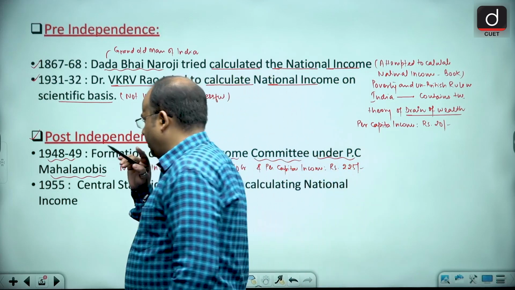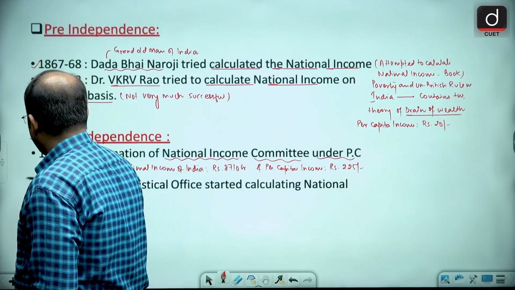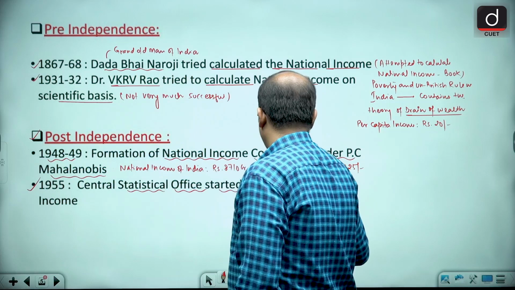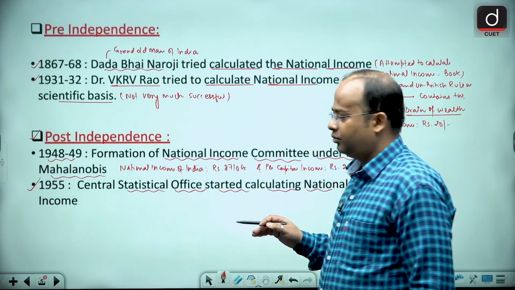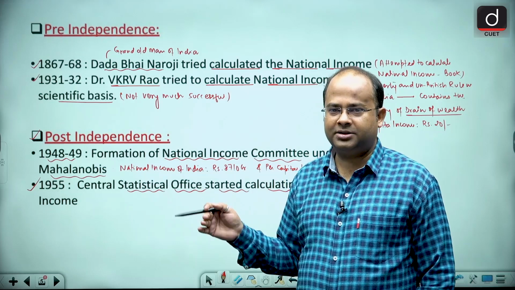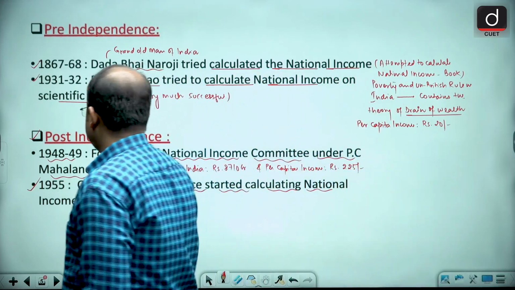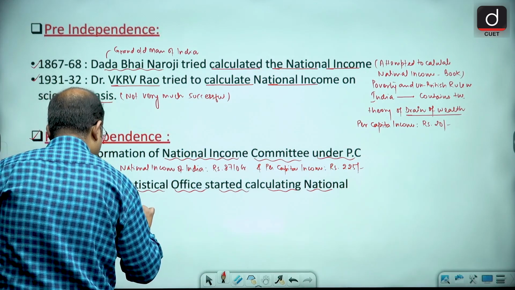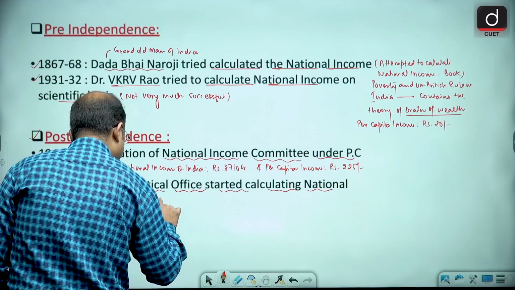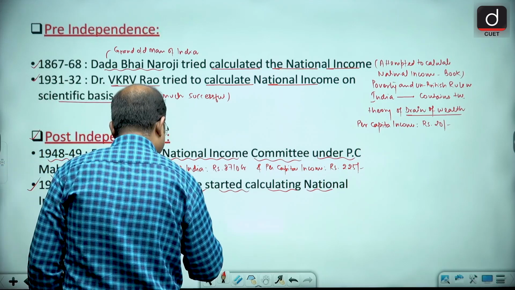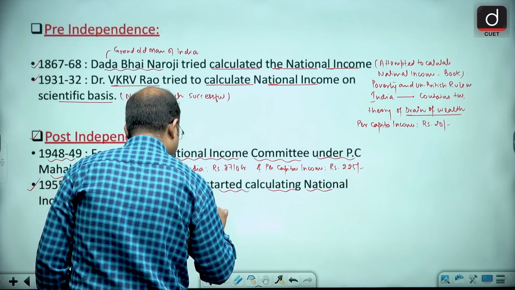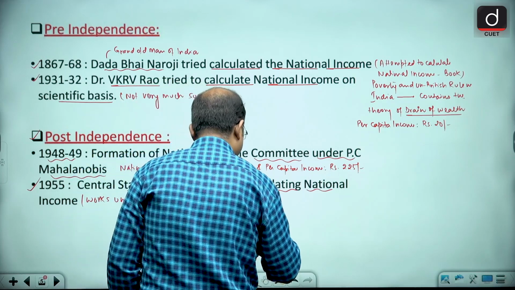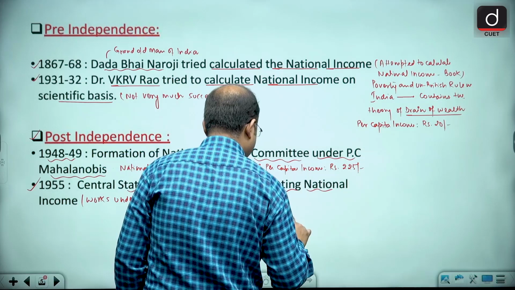Now from 1955 till now, the Central Statistical Office started calculating the national income. It is calculated by the Central Statistical Office, that is CSO, and this works under MOSPI, the Ministry of Statistics and Program Implementation.